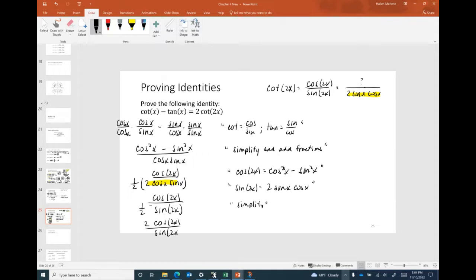All right, now look at this. I got a cosine 2x over sine of 2x. I can make the substitution that I need because the cotangent of 2x is equal to the cosine over the sine. And I've just proven my identity. Okay? Let's do one more.